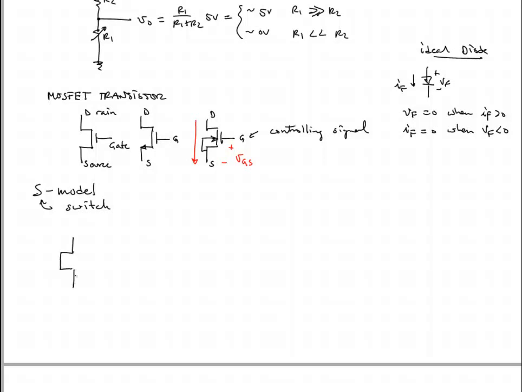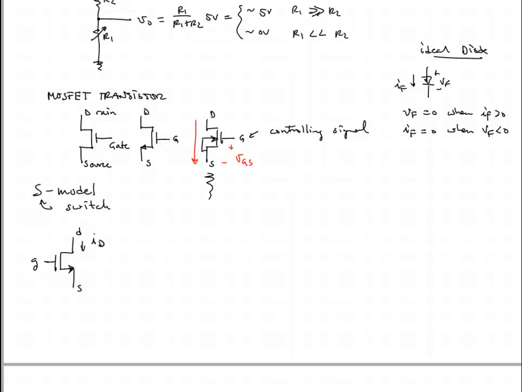I'm going to redraw the MOSFET. I'll use this symbol this time because I think that's what the book uses, but you'll see me drawing this guy many, many times. We'll define a current flowing from the drain to the source, which I'll call IDS.